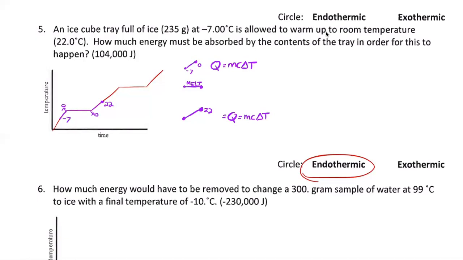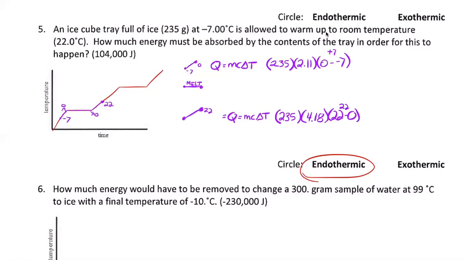The mass, however, is going to be the same, so 235 times specific heat of solid water, which is 2.11, then times the temperature change here, which is going to be 0 minus -7, which will give us +7. For this third segment, similarly, I'll have 235 for my mass. And then I'll have liquid water specific heat, which is 4.18. And then this temperature change is going to be 22 minus 0, which is just +22.